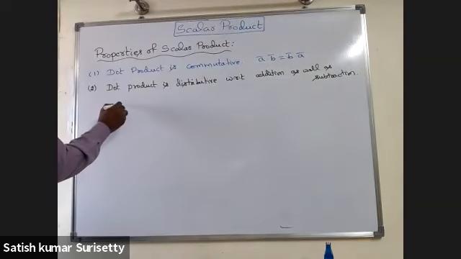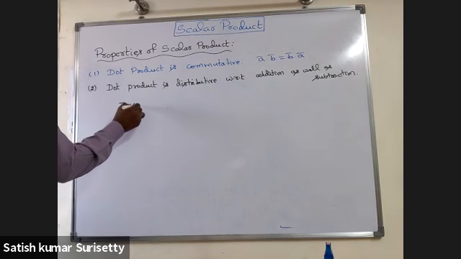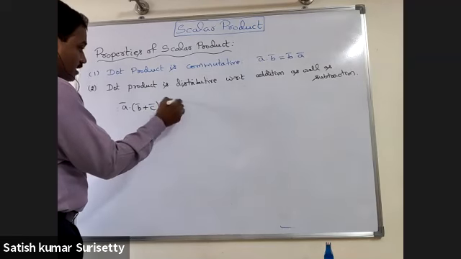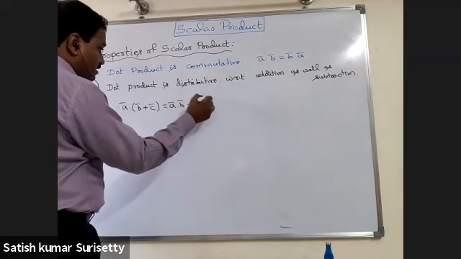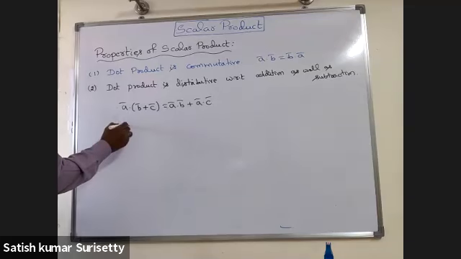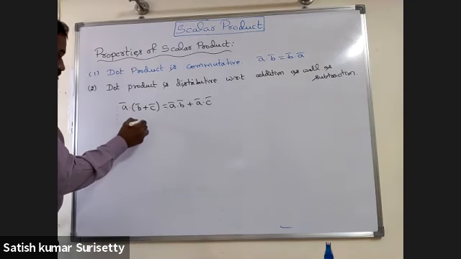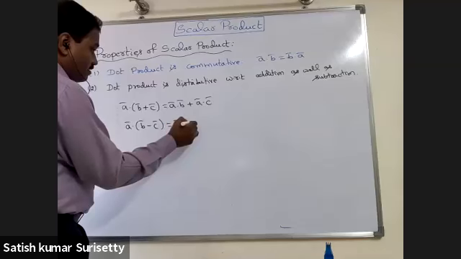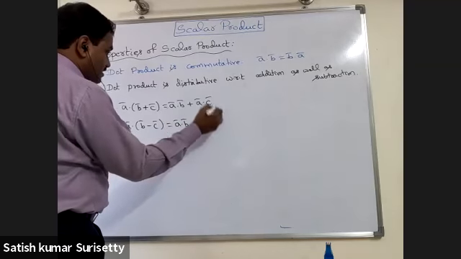That is, A bar dot (B bar plus C bar) equals A bar dot B bar plus A bar dot C bar. A bar dot (B bar minus C bar) equals A bar dot B bar minus A bar dot C bar.